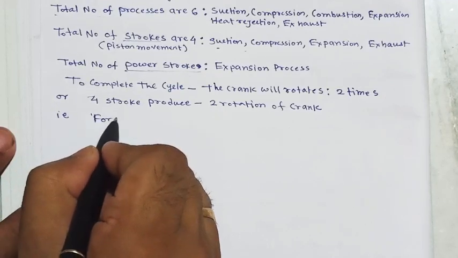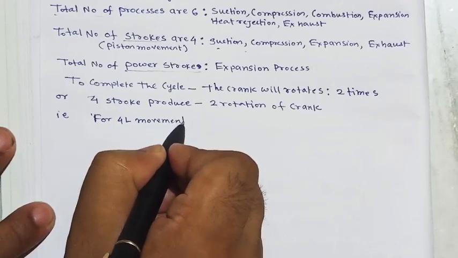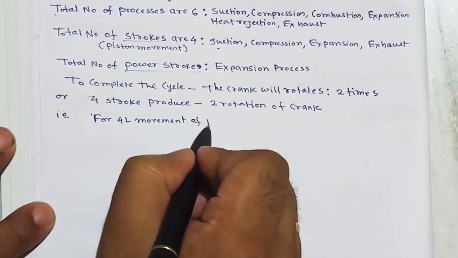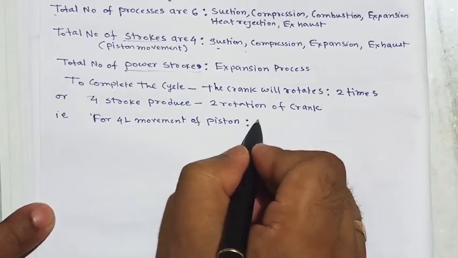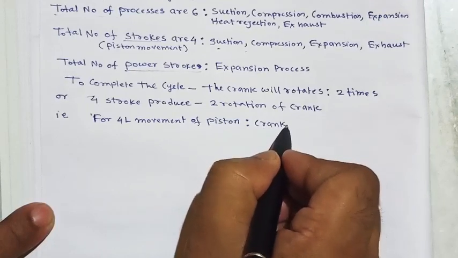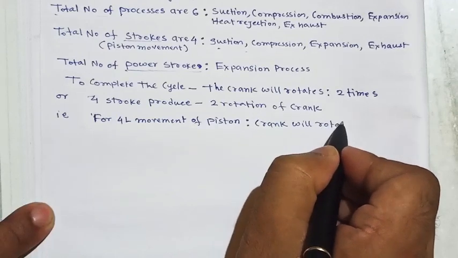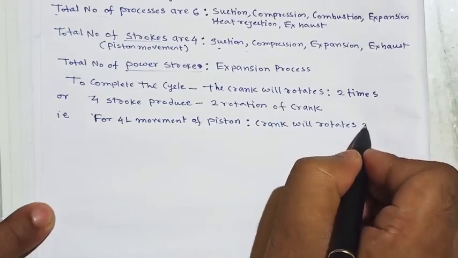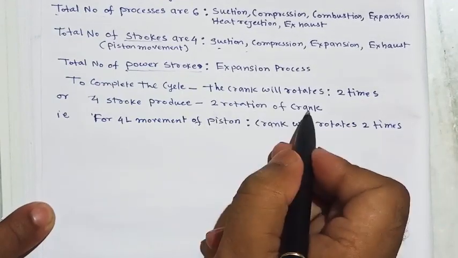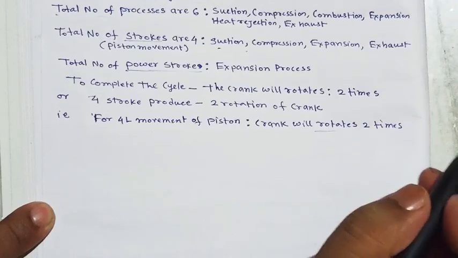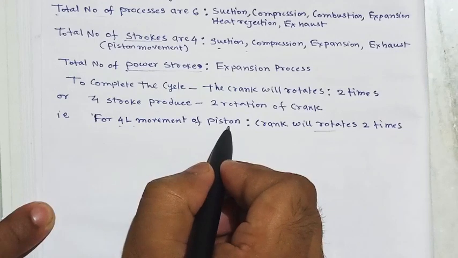So for 4L movement of the piston, the crank will rotate 2 times, that is 2 rotations of the crank, and 4 strokes produce the 4L movement of the piston.